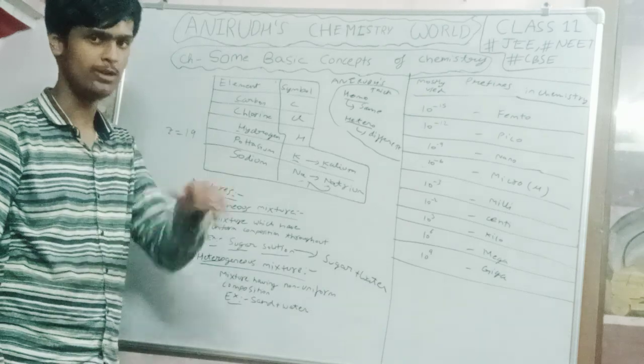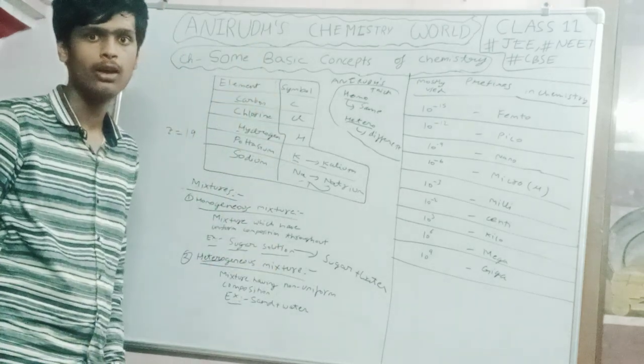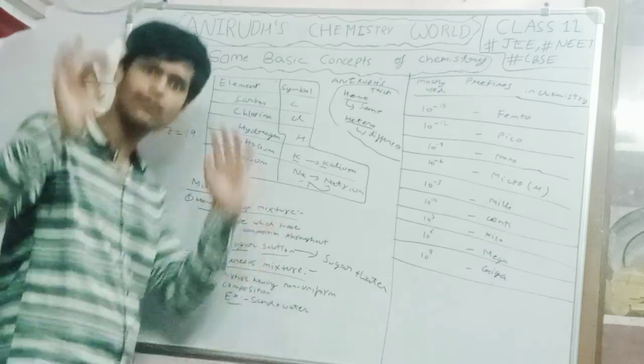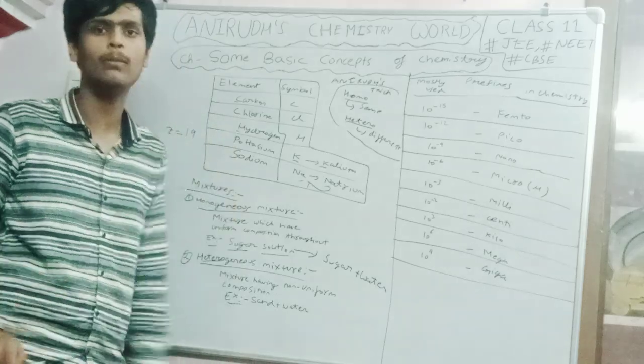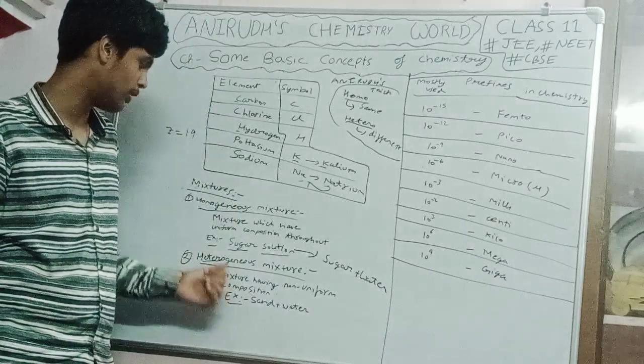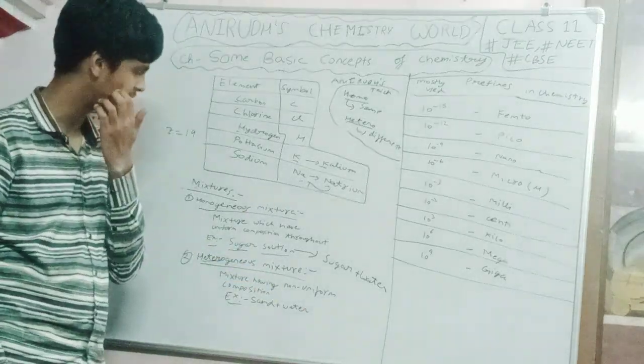If you add sand to the water, all the sand particles will settle down, and even if you stir, it will come up for some time, and again go down and settle at the bottom of the vessel. So the example of heterogeneous mixture is sand plus water.